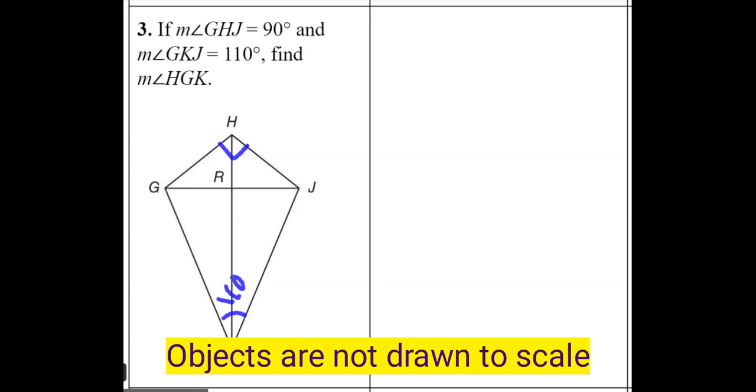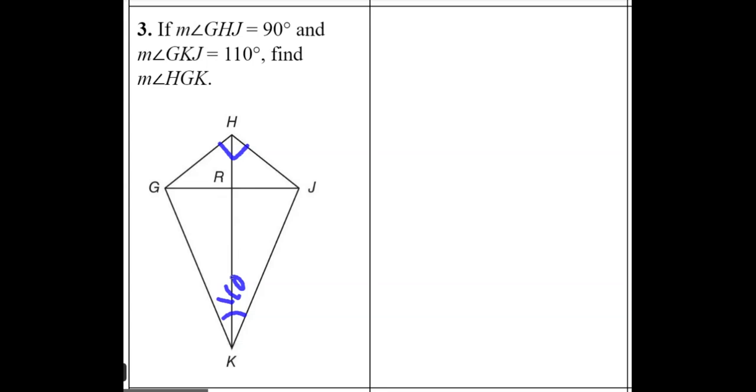But we are just using a template of a kite diagram. So this is not drawn to scale. Keep that in mind as you do these. Given this information, we need to find measure of angle HGK, and HGK is over here, and this is the one that we're looking for.